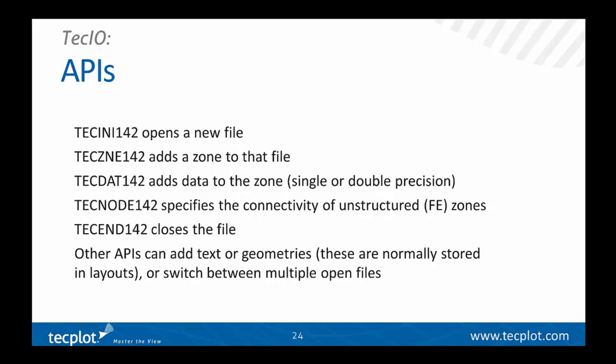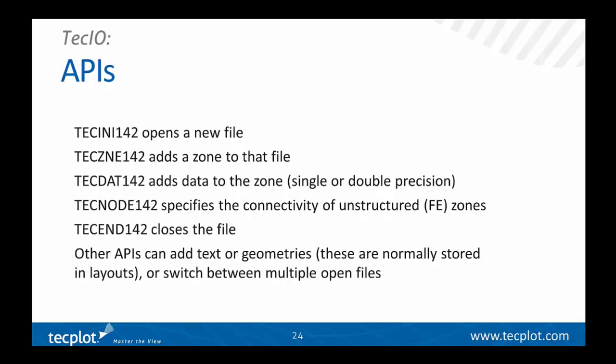And you'll note that each of the APIs is suffixed with a version number. Use the newest version number to make sure that you're getting the right version of the library.